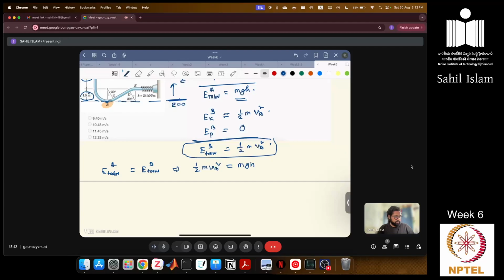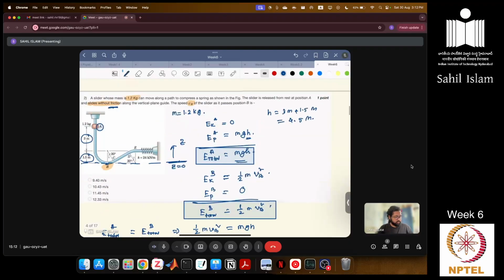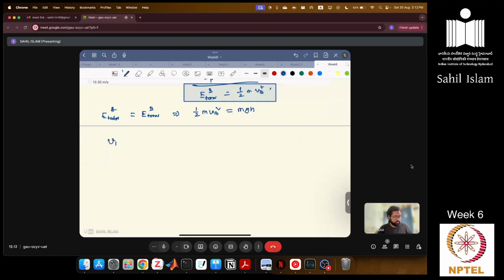These two are equal. Now you are asked what is vb. So vb equals, mass gets cancelled out, root 2gh.